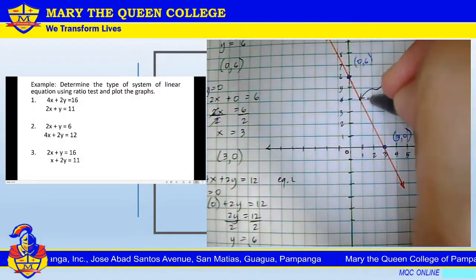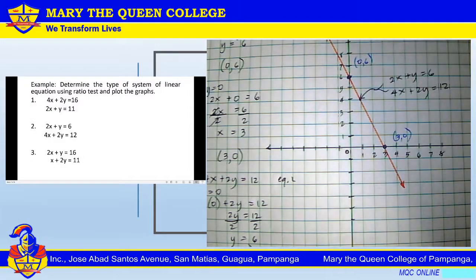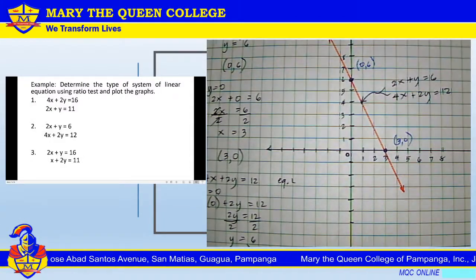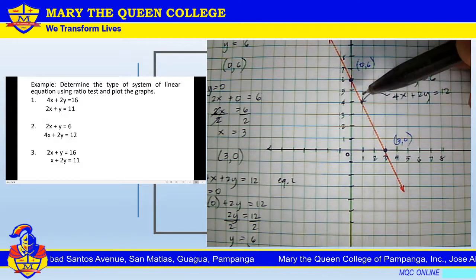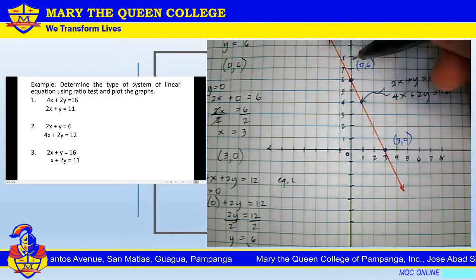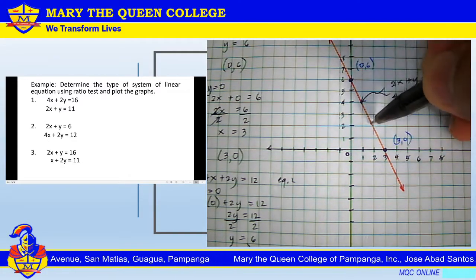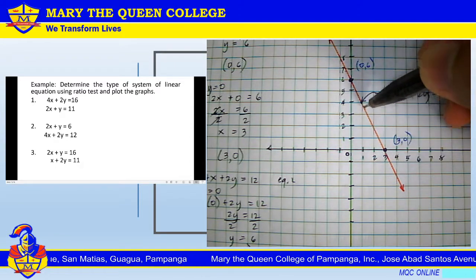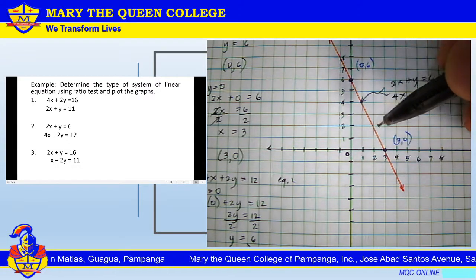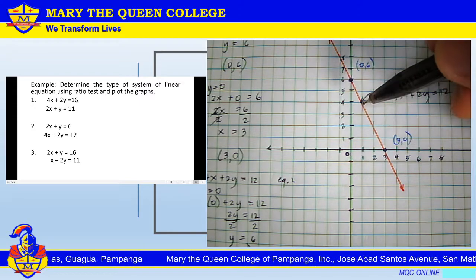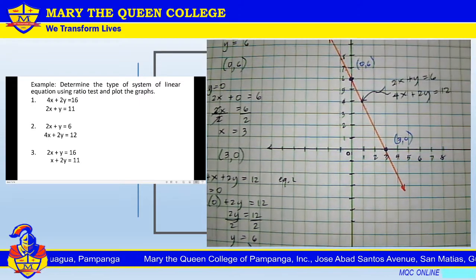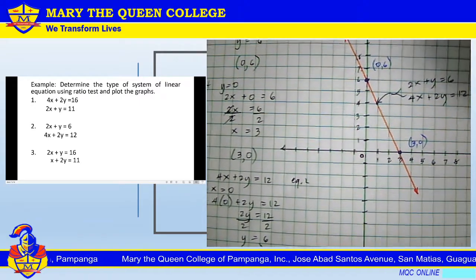So this set of linear equations have coincident lines. So the set of points within this line are shared by these two linear equations. So that's how simple it is.